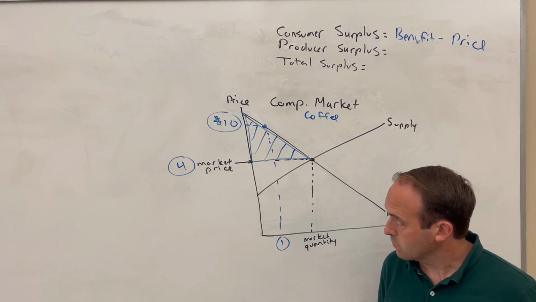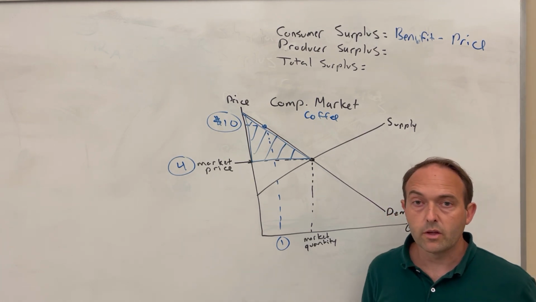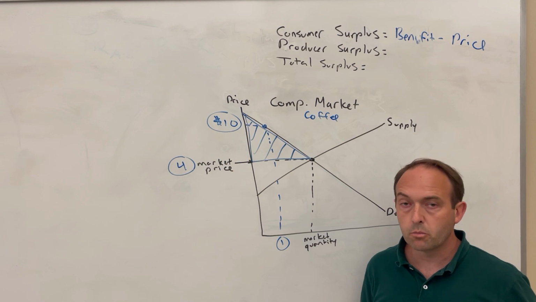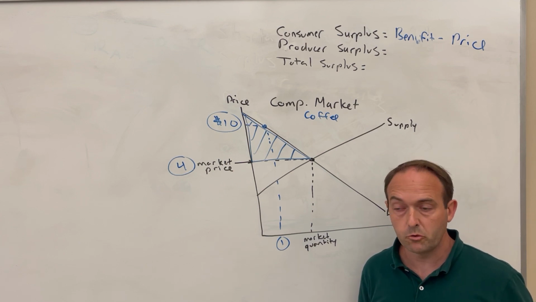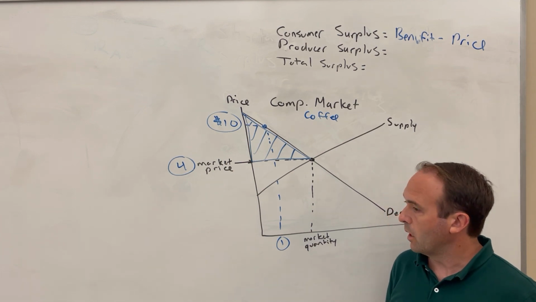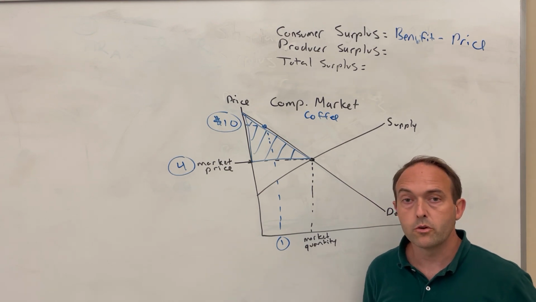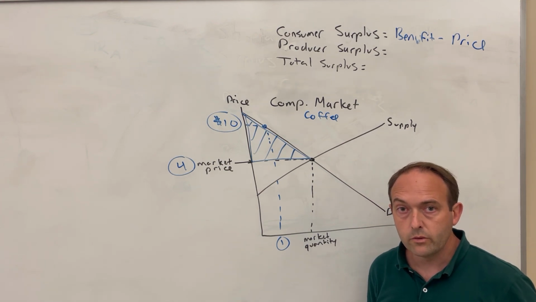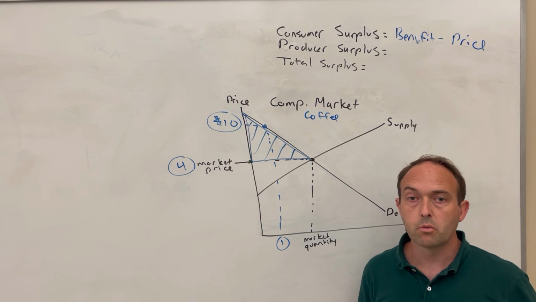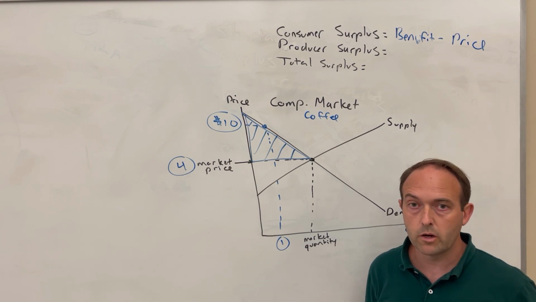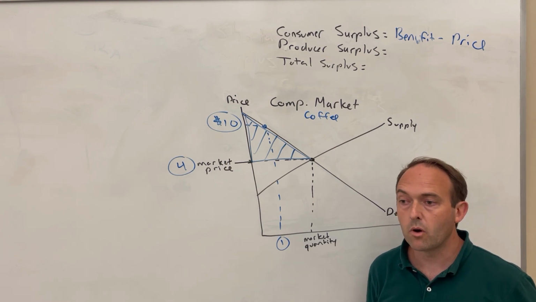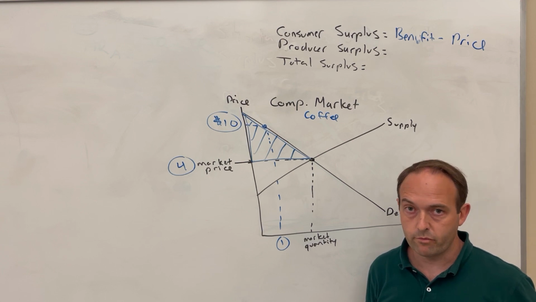Now, second thing to look at is going to be producer surplus, right? The seller's perspective. So as a calculation, producer surplus is the difference between the price that they charge for their product and the minimum price that they'd be willing to accept for it.